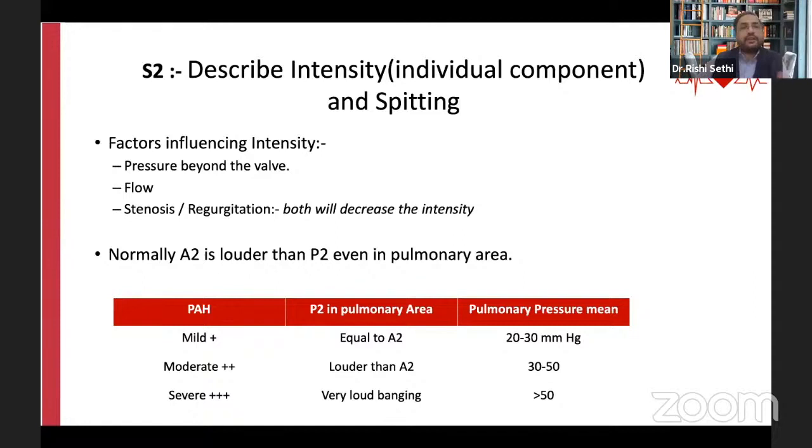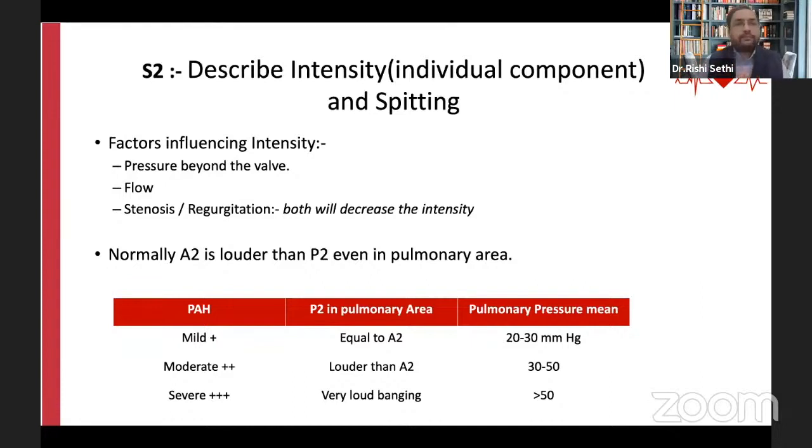Stenosis and regurgitation of pulmonary and aortic valve will actually decrease the intensity because it involves the integrity of the opening and closing of the semilunar valves. So valvular aortic stenosis or regurgitation will decrease the intensity of that sided A2 or P2, while higher pressure and higher flow across the valve will actually increase the intensity.